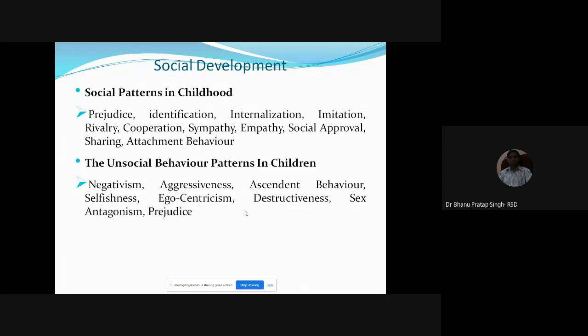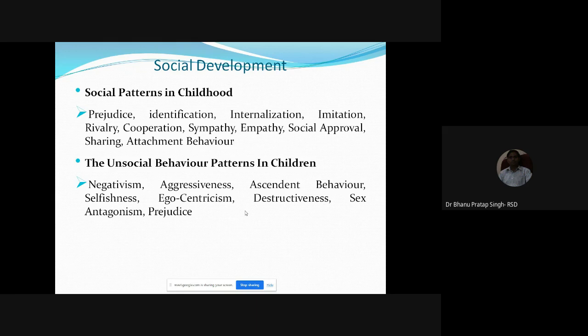Sharing, even he or she should learn the sharing of ideas, sharing of knowledge, sharing of things, even attachment behavior. If we see, these are important for the development of the child.